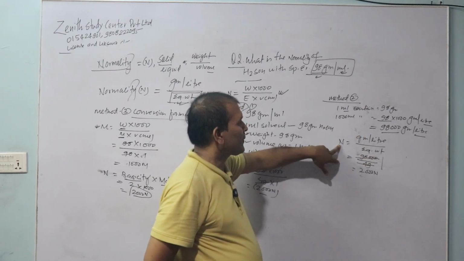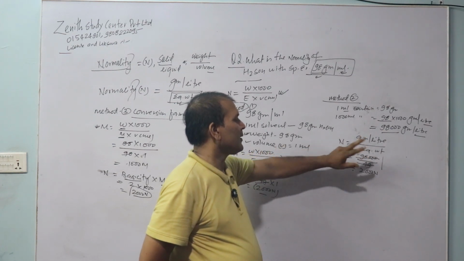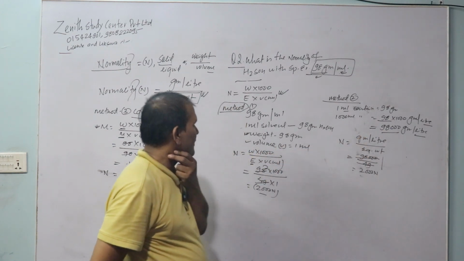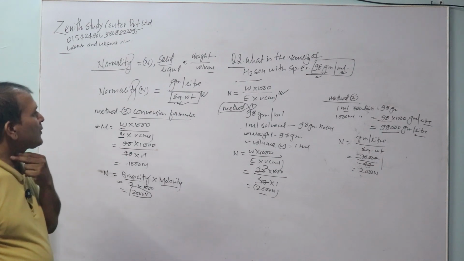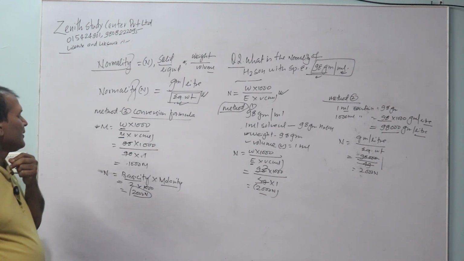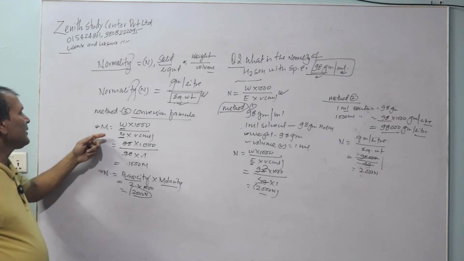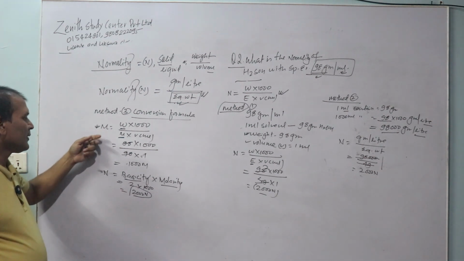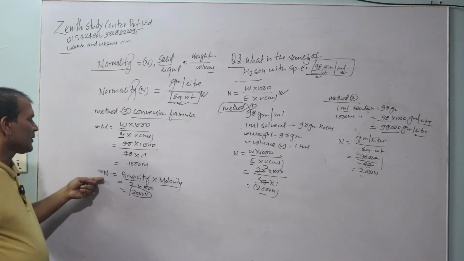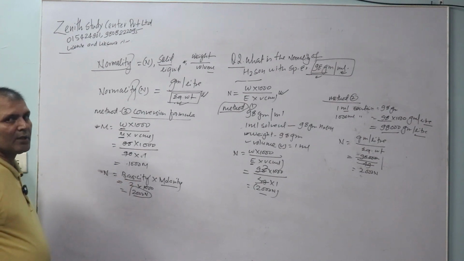Then you know the formula, normality is equal to gram per liter by equivalent weight. Suppose you have difficulty calculating the normality, then you know the molarity, you use the formula of molarity, then convert into normality. Normality is equal to basicity into molarity.